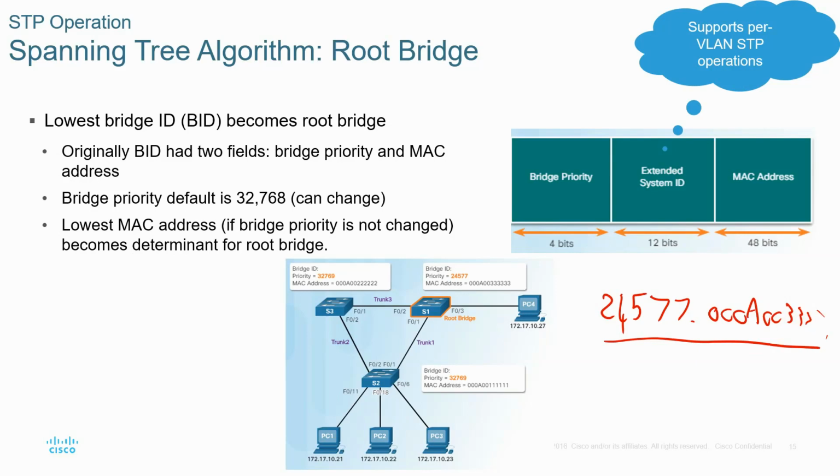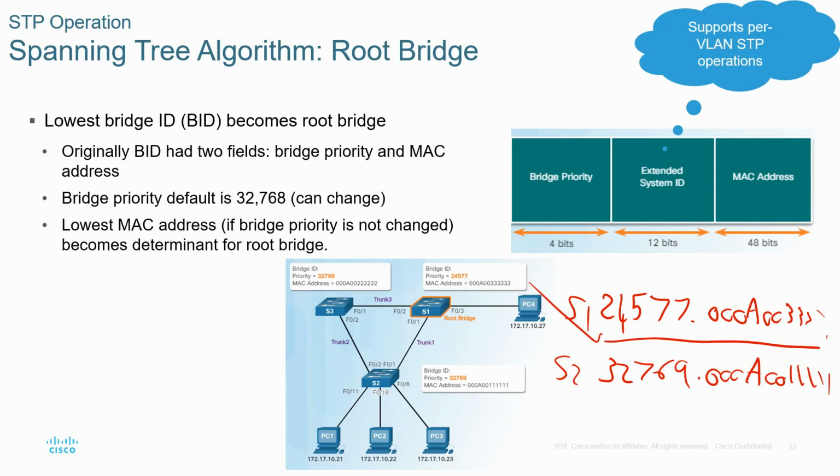And so if you compare that to the bridge ID of switch 2, which is 32769, and then 000A00111111, you will notice that the bridge ID of S1 is lower than the bridge ID of S2, and so S1 becomes the root bridge. Same comparison can be done with S3.